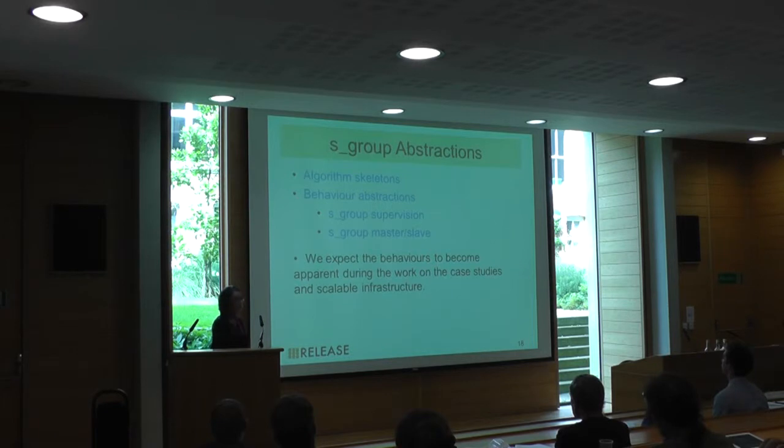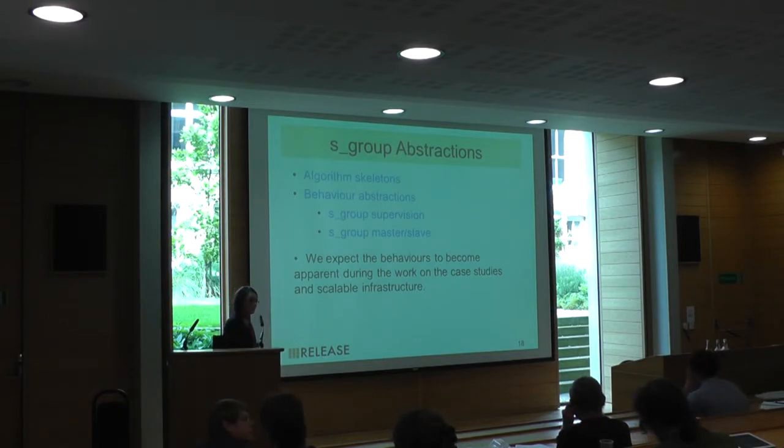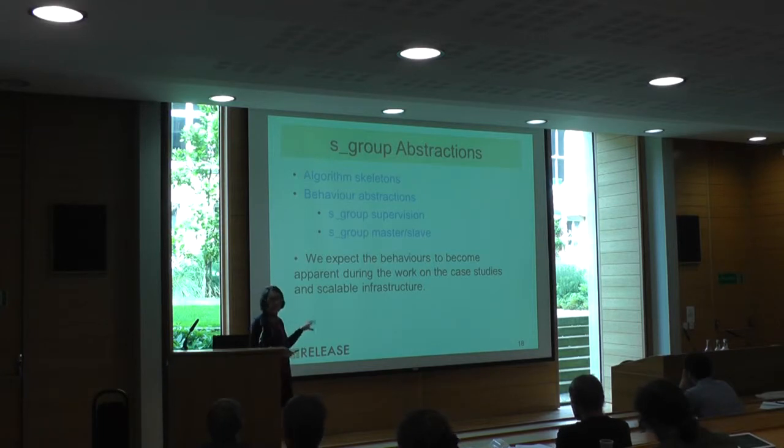And the same goes for S group abstractions. We think that we'll need algorithms, skeletons, and behavior abstractions, something like S group supervision and S group master-slave. But we expect those abstractions to become visible and apparent when we have case studies.